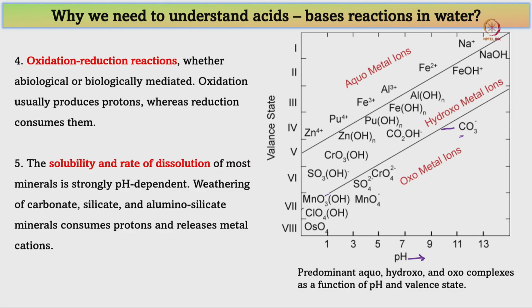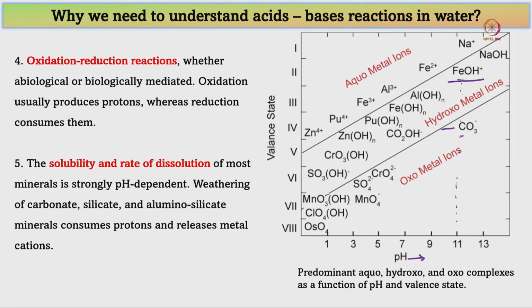For example, let us take this example of FeOH+. So, at a pH value of around 11, where is FeOH? FeOH will occur in the form of an FeOH+ ion. It is there here. So, if I take 11, here is my FeOH+.